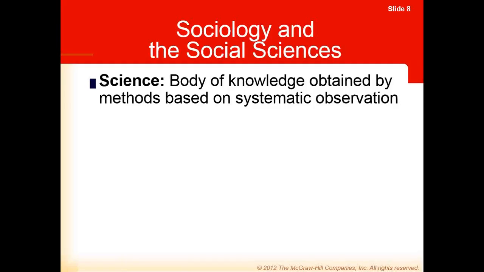Auguste Comte, who coined the word sociology, took social and ology, the social world and the study of, and put them together to create the term sociology. He wanted it practiced in a scientific fashion.